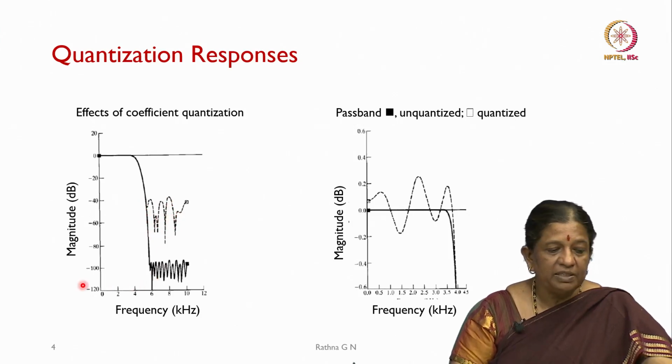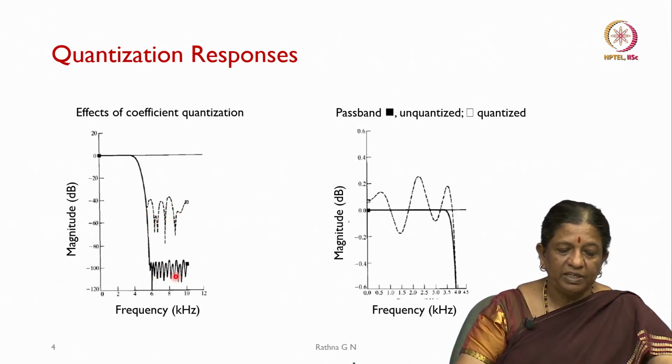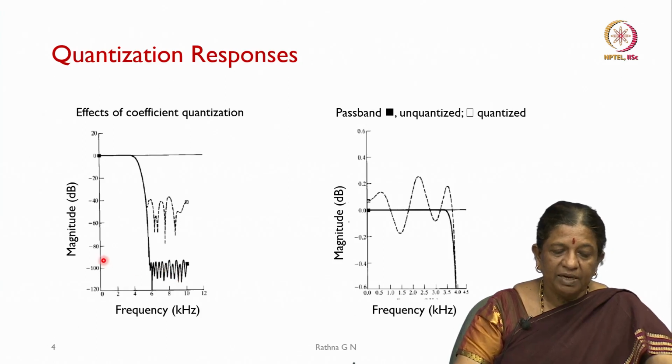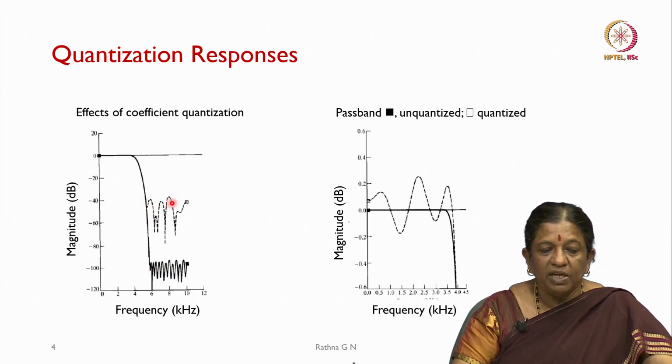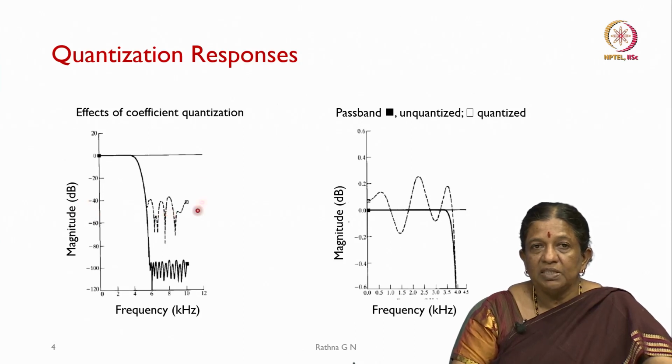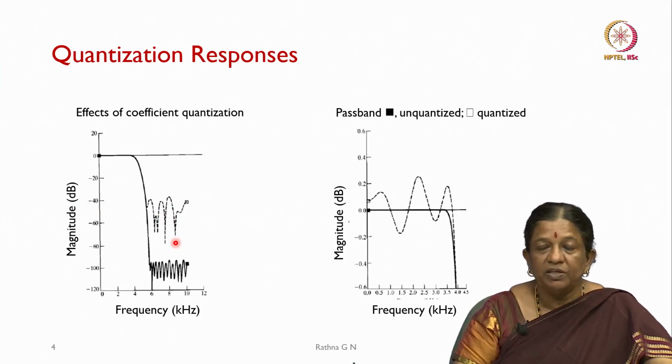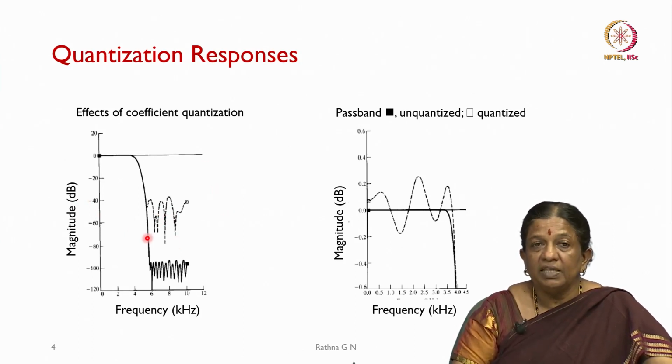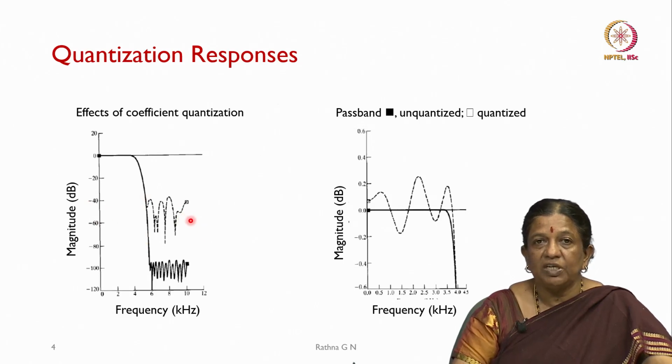From greater than minus 80 dB, it is dropped down to around the range of minus 30 to minus 40 dB. So, this is the coefficient quantization. One has to consider this when we are using it in hardware. So, our design has to account for these quantization effects.